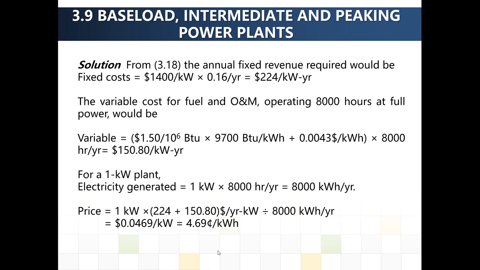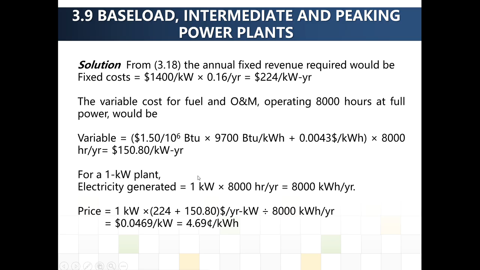Now we have calculated the fixed cost as $222 per kilowatt per year. The variable cost is $150.80 per kilowatt per year.